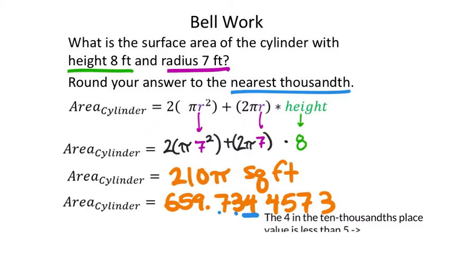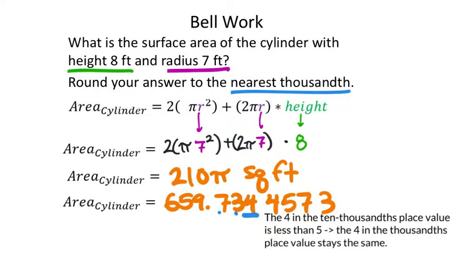So this tells us that the 4 in the thousandths place value stays the same.